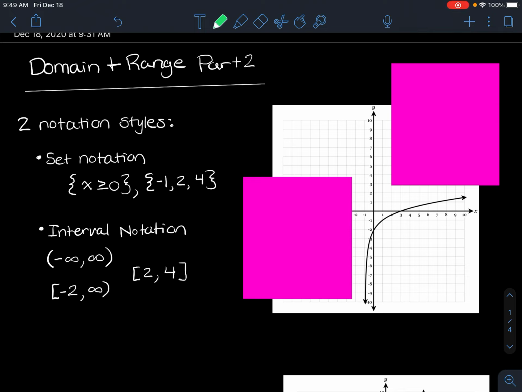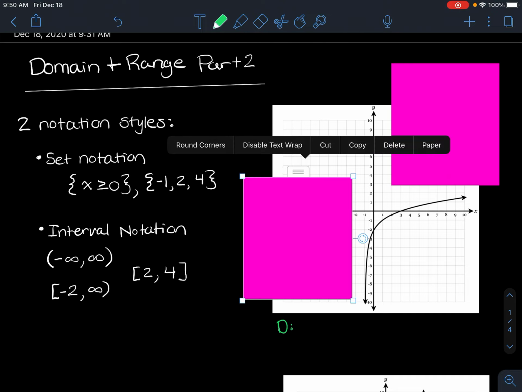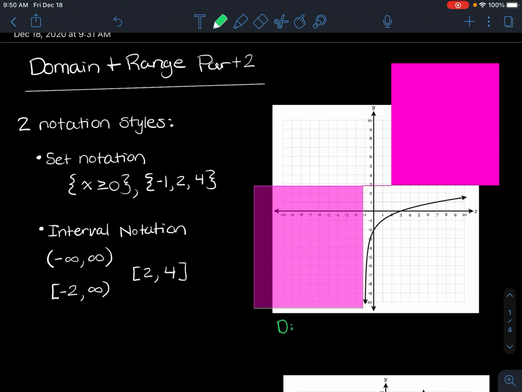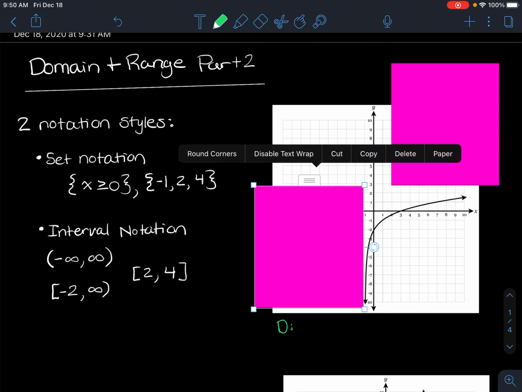So for example, I'm going to look at this first graph here, and I want to find the domain of this first graph. So I have these two sticky notes here, and so I'm going to put them on the edges of the graph. So like this guy, I'm going to move it to right about there.